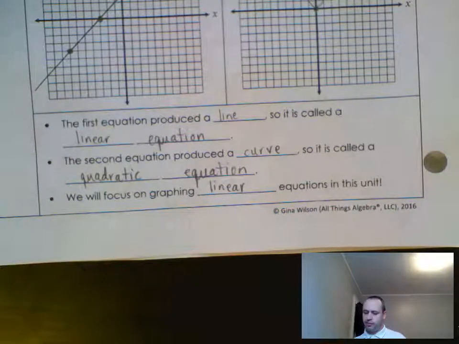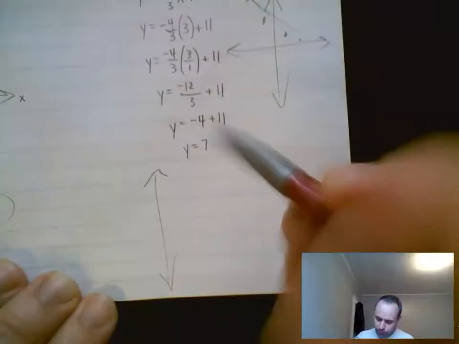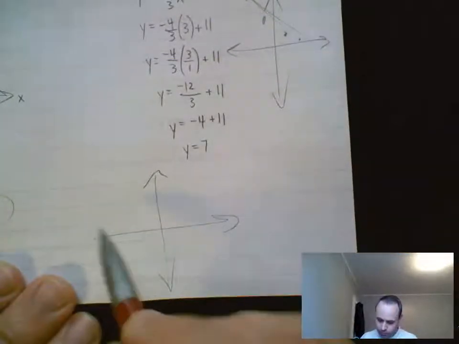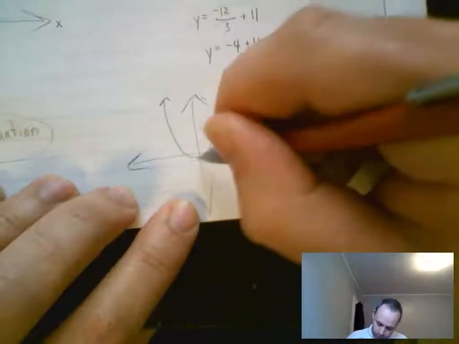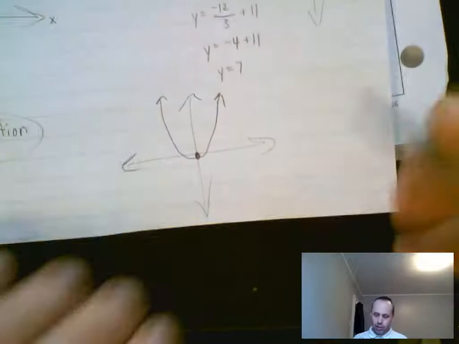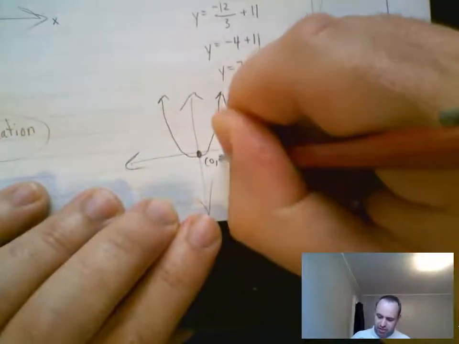All right. So if you don't have your paper, then you're going to need to come down here and mark the point. Make sure you know this point is 0, 0.